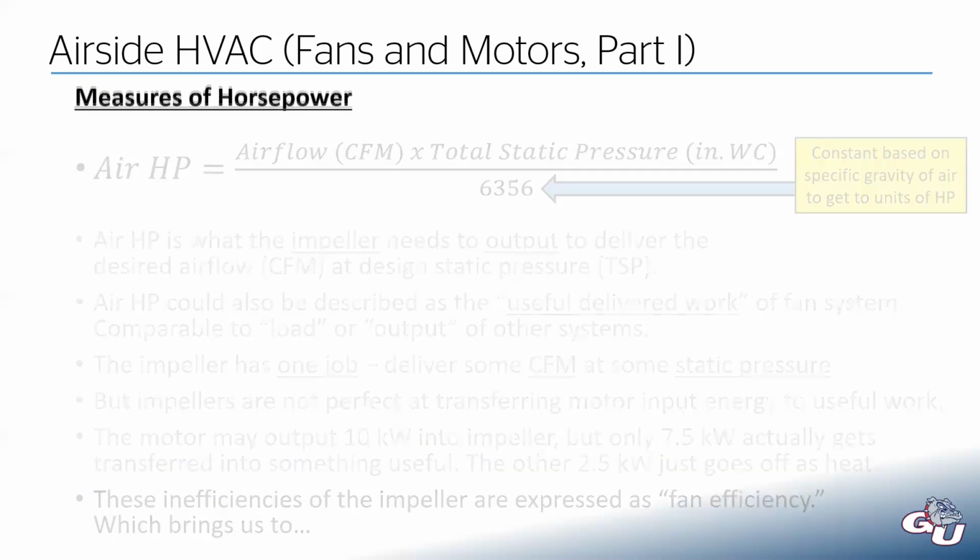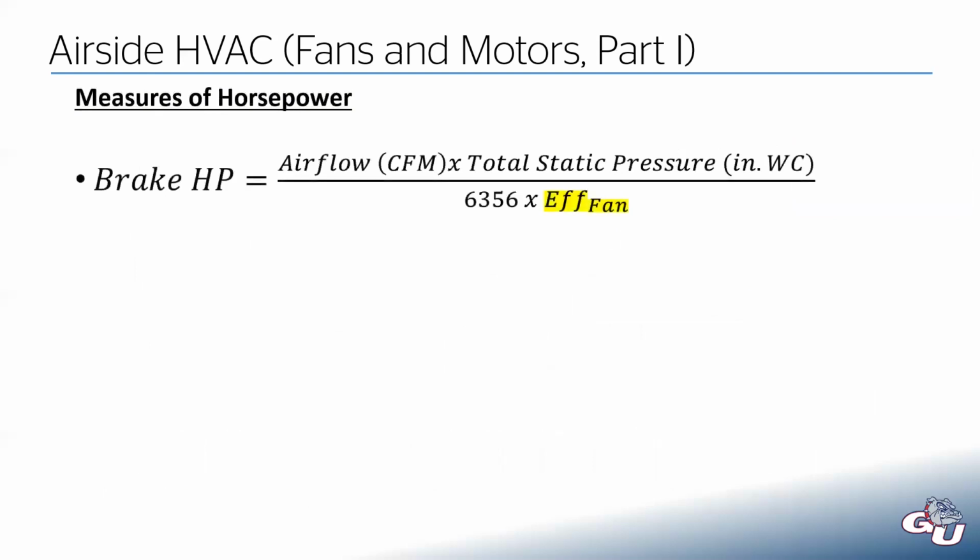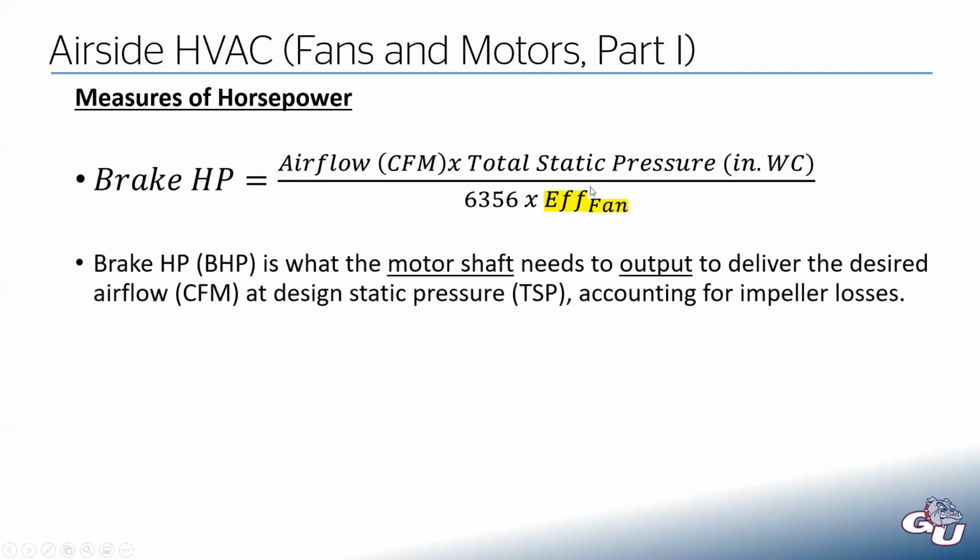And that brings us to the next measure of horsepower, which is called the brake horsepower. You can see it's the same exact equation, except now we've factored in our efficiency of the fan impeller itself. So the brake horsepower, BHP, that is all about the motor shaft.